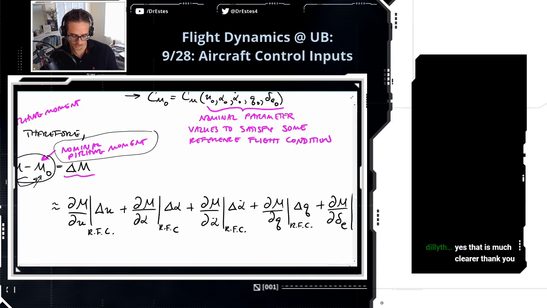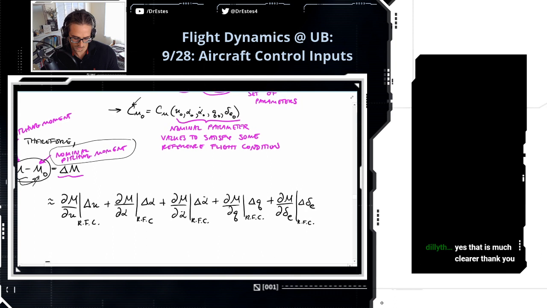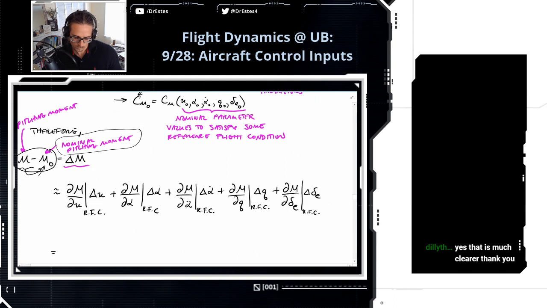I'm glad you brought that up, because we're interested in designing a control system. If I'm coming in for a landing and some wind disturbs my reference flight condition and perturbs my pitching moment a little bit, my control system is going to adjust the elevator a little bit to dial my pitching moment back to where it needs to be.